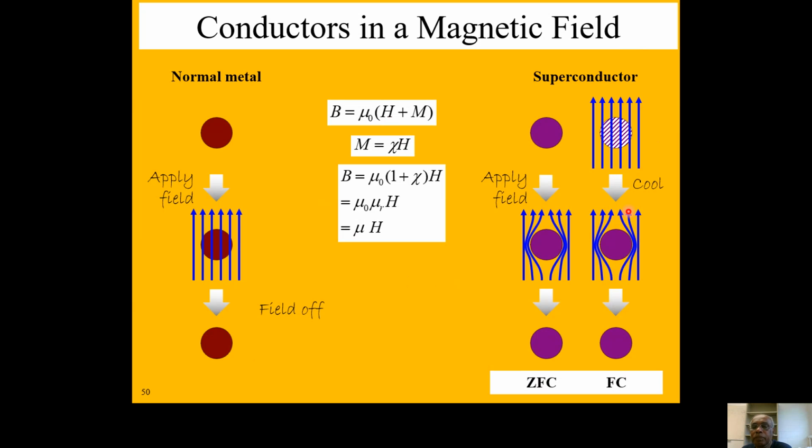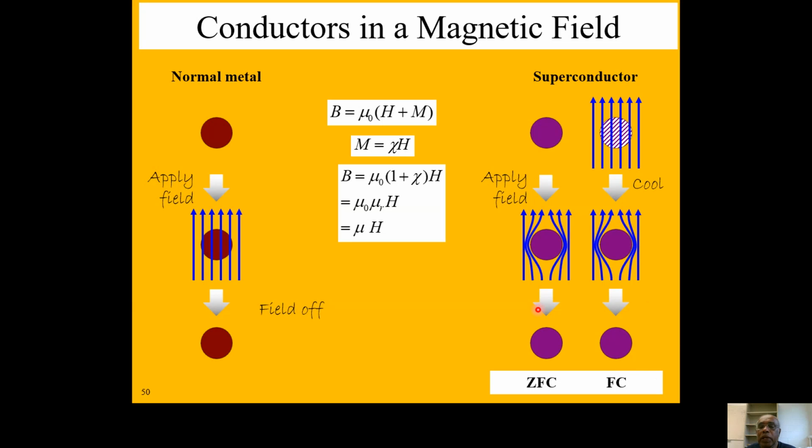But if this is a normal metal, then if you have magnetic field, you can see even if you remove the magnetic field lines, because of the Faraday's law, you will have some induced current, right? You can have trapped magnetic field here.